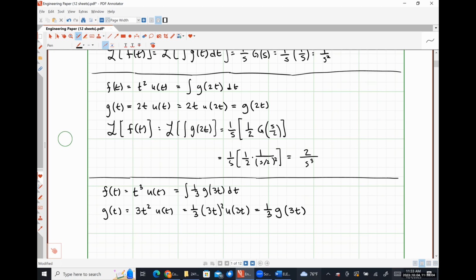So in order to put this in the form where I can use the time scaling property, I need to make it a function of 3t, right? So u of t and u of 3t literally represent the exact same thing because you can't stretch infinity.